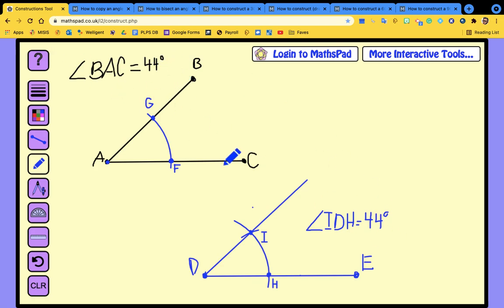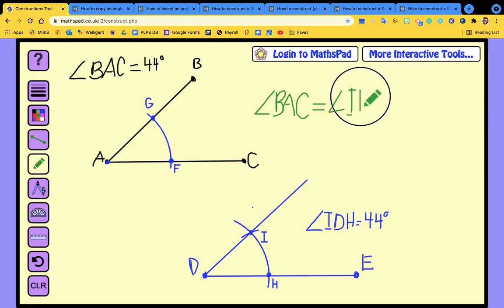So they are equal. So the statement that I can say, kiddos, is, get this compass out of the way, since they're both 44 degrees, I can say angle BAC is congruent to or equal to angle IDH.